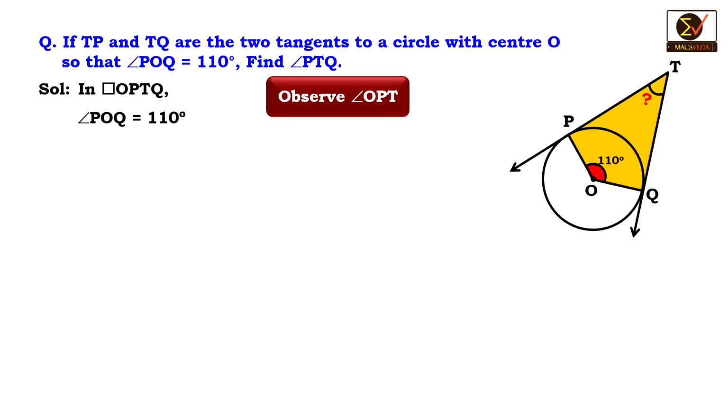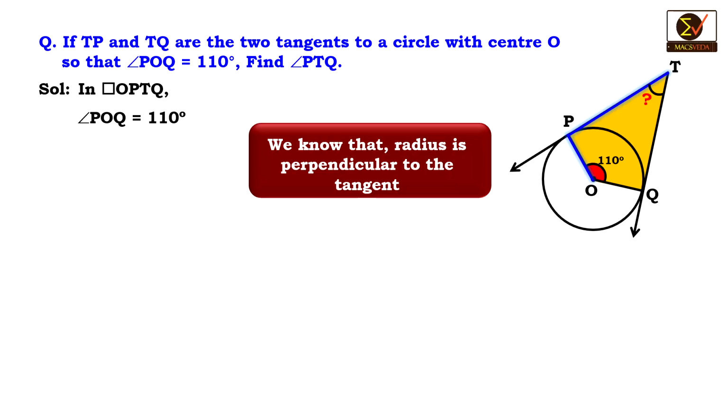So what is angle OPT? Because OP is radius, which is perpendicular to tangent, angle OPT is 90 degrees. Then what about OQT? Same observation: radius is perpendicular to the tangent. Therefore angle OQT is also 90 degrees.